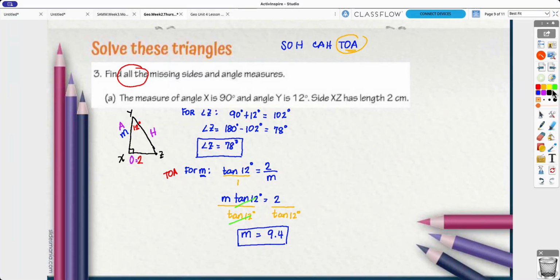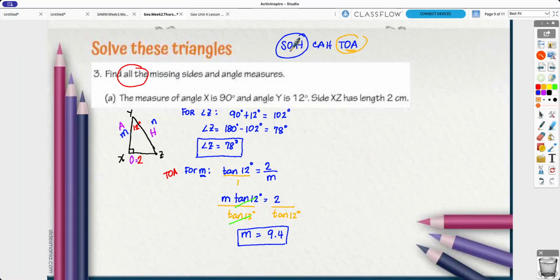Okay. Now, our last side here is the hypotenuse. So let's call the hypotenuse N. Okay, so this time we will be using O and H. The given side is O, and we're looking for H. So O and H uses the SOH.